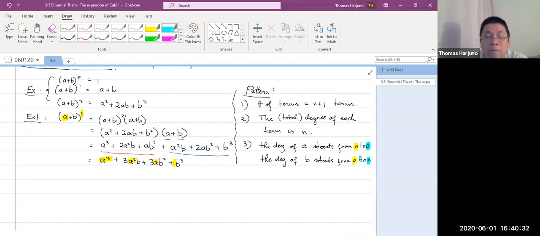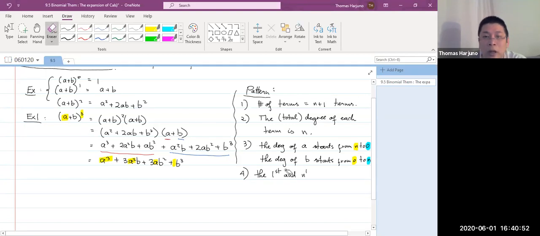Is it okay? And then I think the following is not really important, but nice to know that the first term and the last term have coefficient 1.